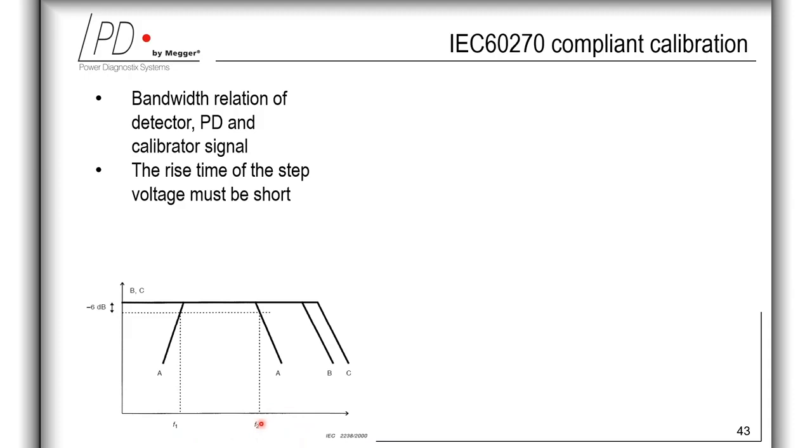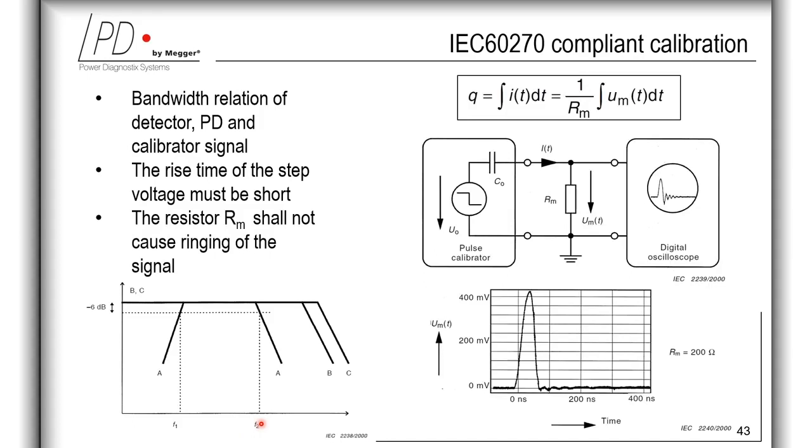With the revision 2000 of the IEC 60270, an alternative method was included in this standard. In the appendix, it is described that a digital oscilloscope with a numeric integration function is used to integrate the transient voltage drop UM across a measuring resistor RM of 50 to 200 ohms.